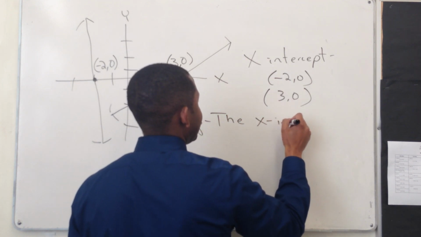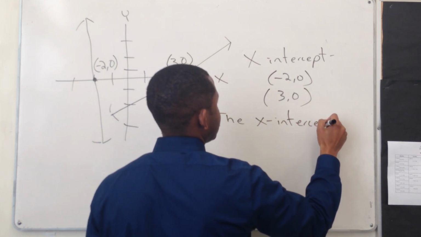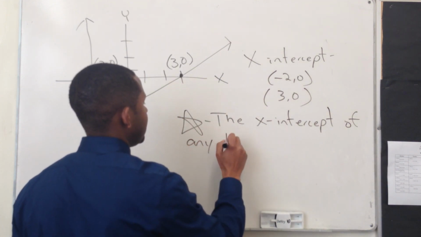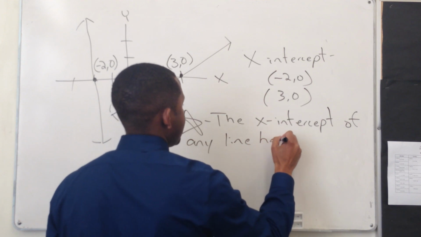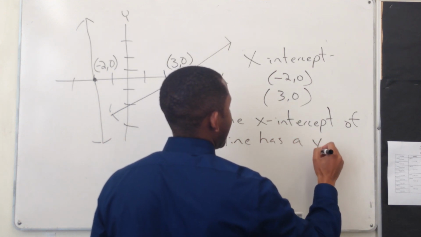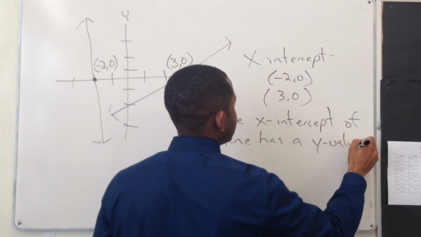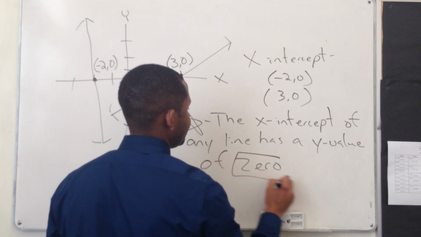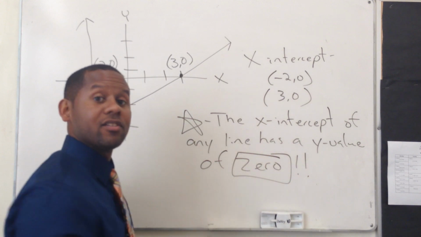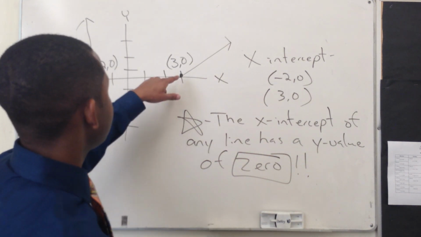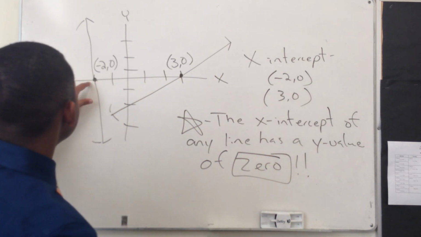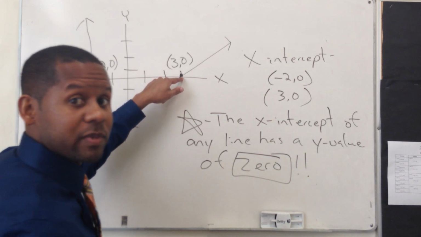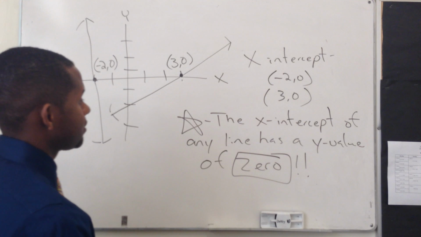The x-intercept of any line has a y value of 0. Every x-intercept has to have a y value of 0, because if I cross the x-axis, y always has to be 0, because that's what allows me to cross the x-axis. Okay?